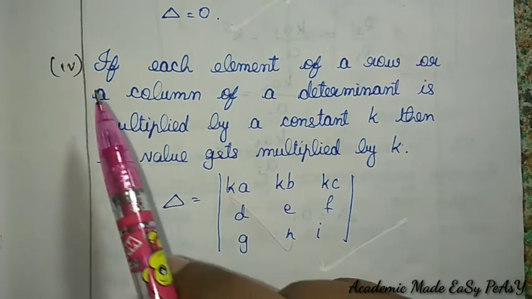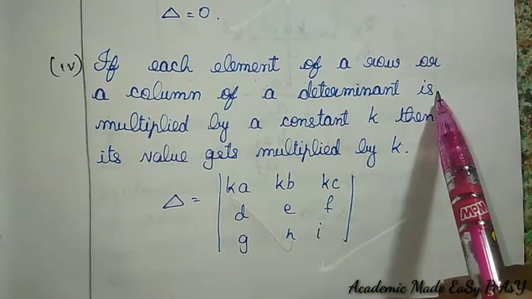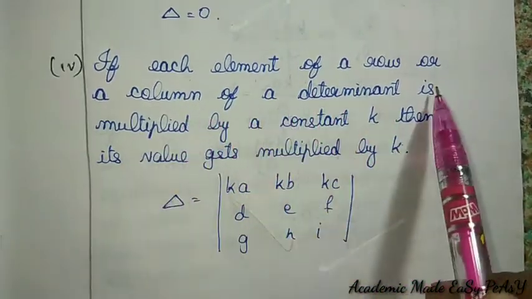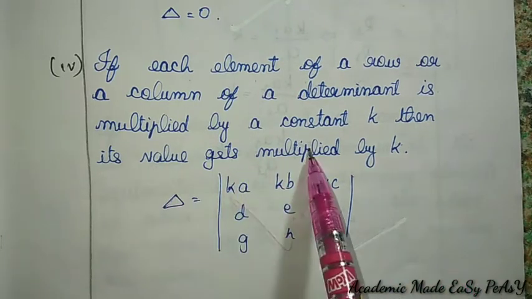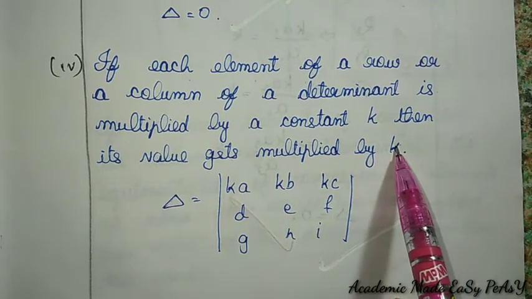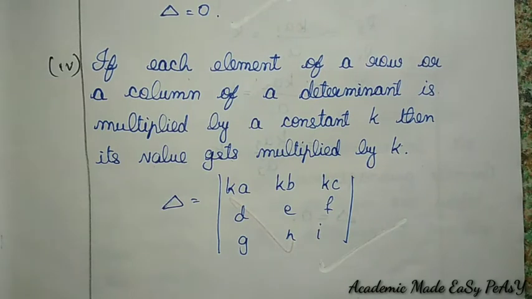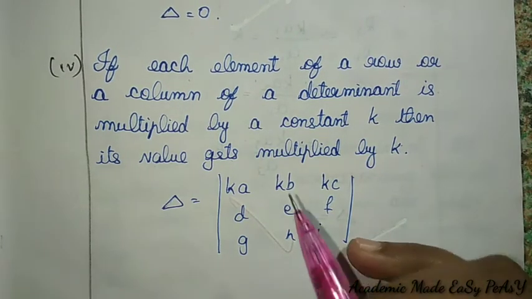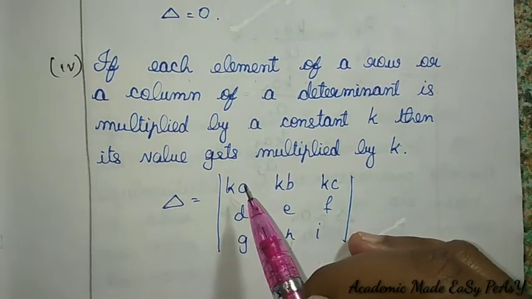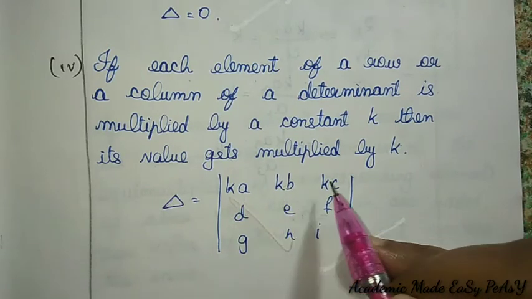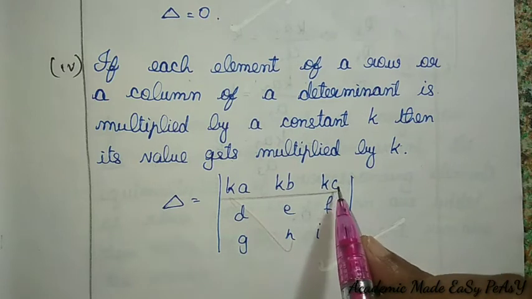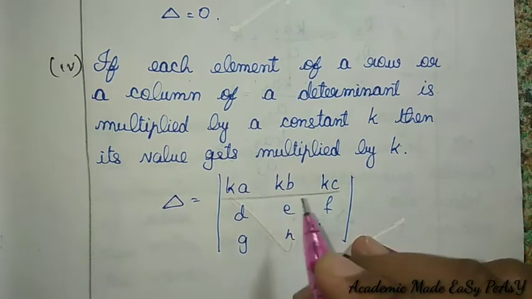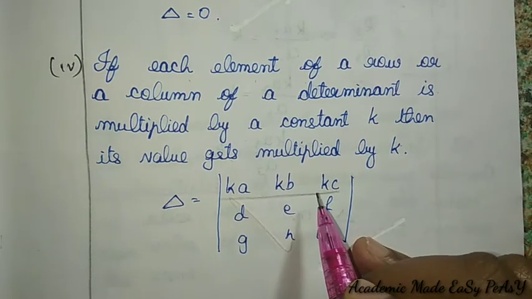Fourth property: if each element of a row or column of a determinant is multiplied by a constant k, then the value gets multiplied by k. So this is somewhat not understandable, right? I will explain. See, I have some constant k. So ka, kb, kc. This row fully contains k, so now I can take it common out.